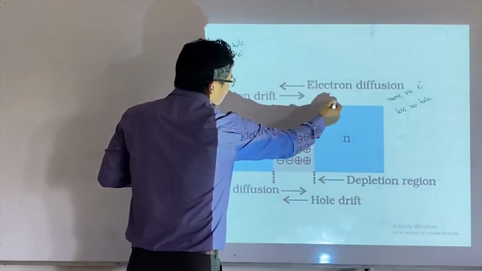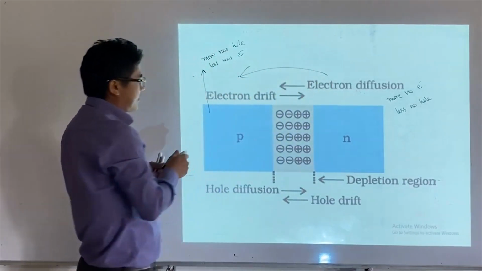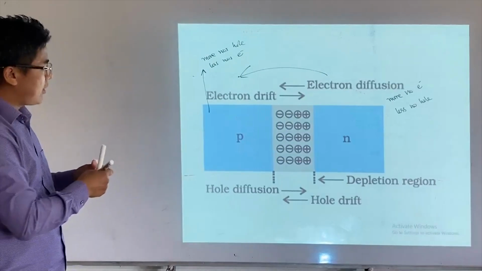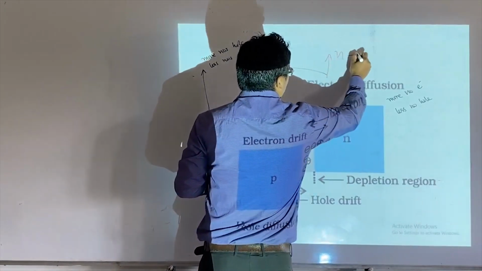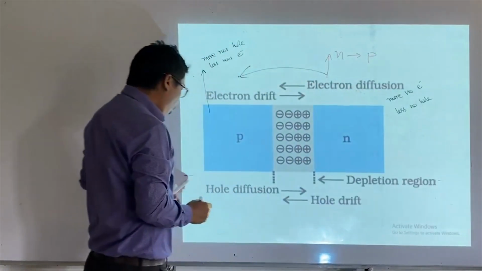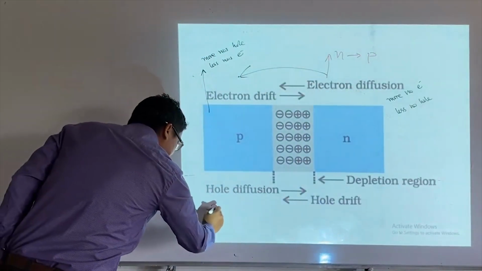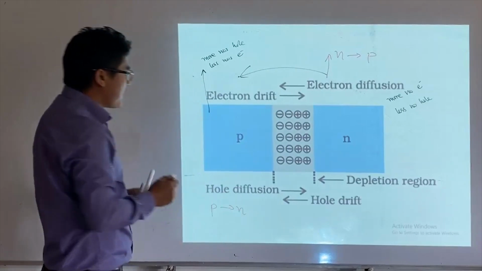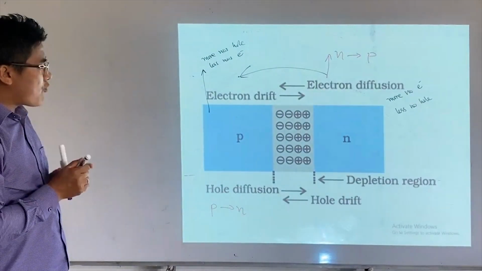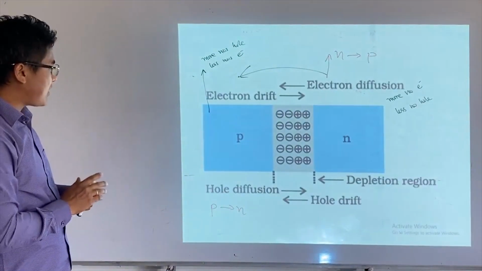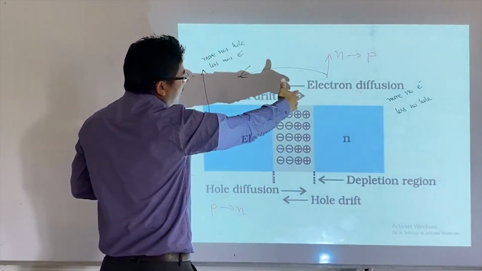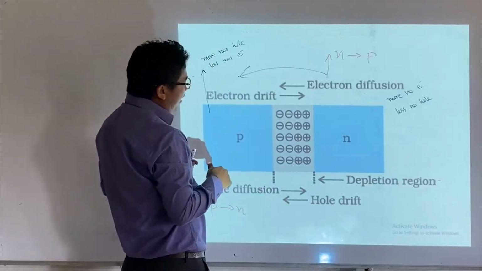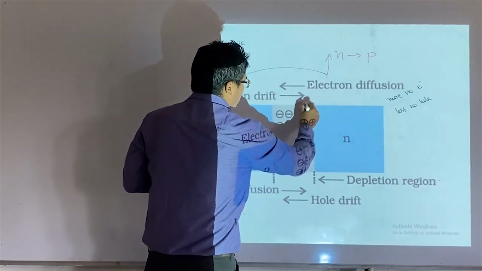How does diffusion happen? Electrons diffuse from N to P, and holes diffuse from P to N. When an electron leaves N, this creates positive ions.